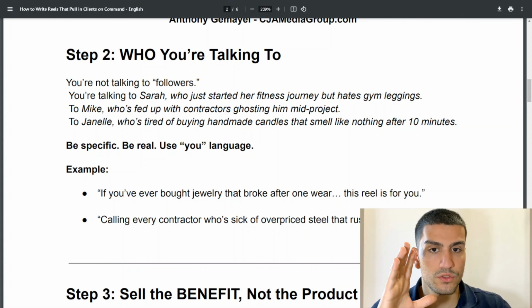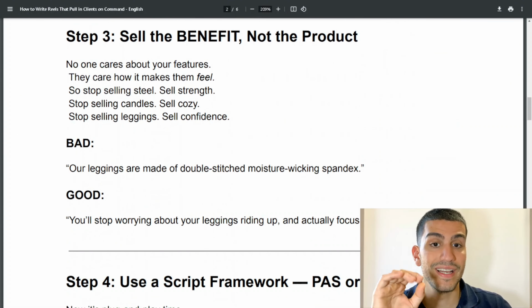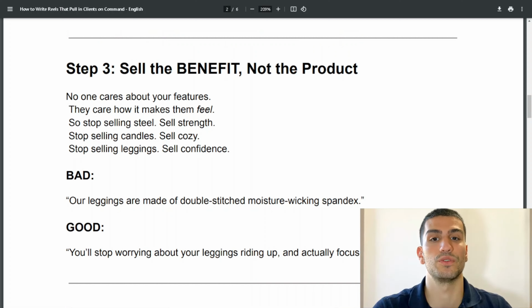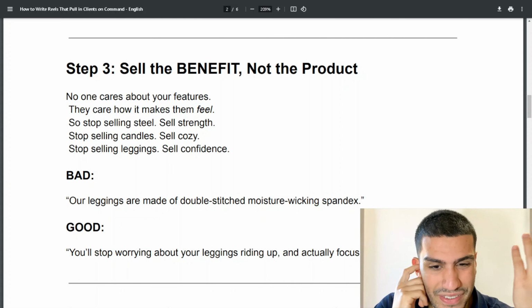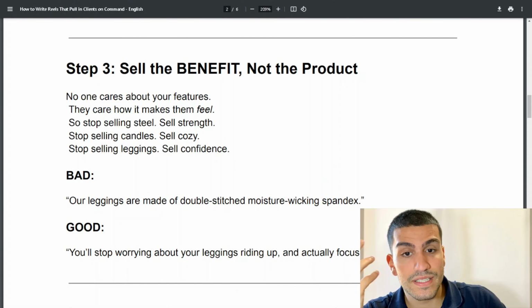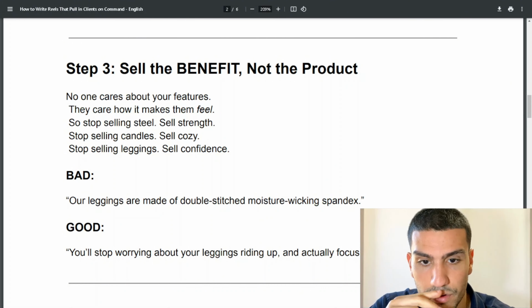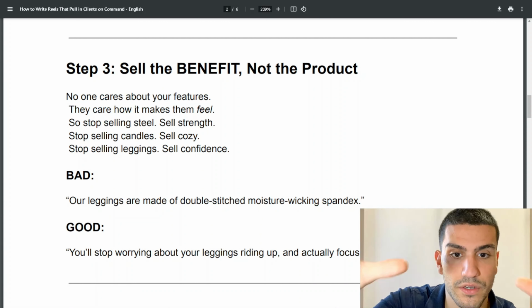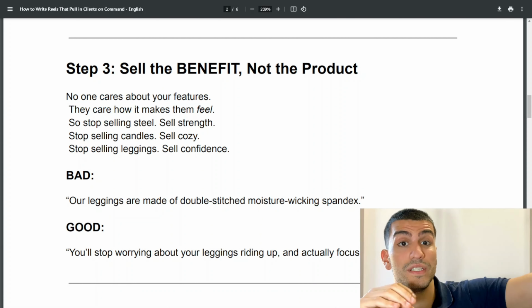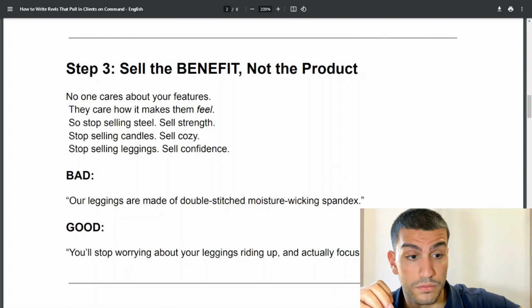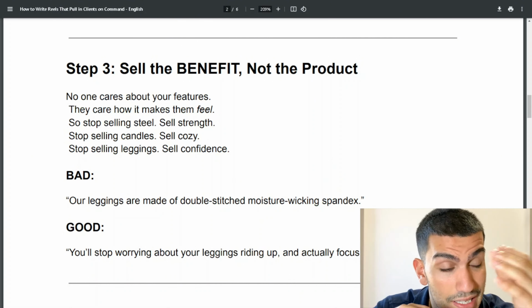This leads us to our third step, which is sell the benefit, but not the product. No one cares about your feature, they care about how it makes them feel. Like, stop selling steel, sell the strength, or sell something durable. Stop selling candles, sell it's cozy, it smells good, it lasts forever.